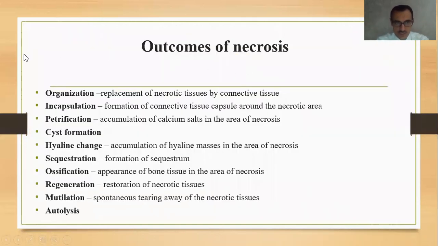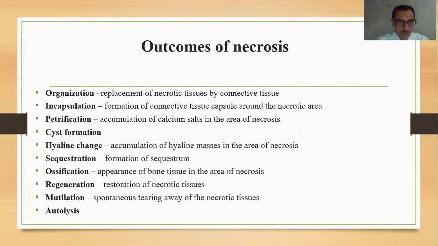Outcomes of necrosis. First, organization. That is meaning the replacement of necrotic tissues by connective tissue. Encapsulation. Formation of the connective tissue capsule around the necrotic area. Petrification. Accumulation of calcium salts in the area of necrosis. Cyst formation, as we said in the wet or the liquefactive necrosis of the brain.